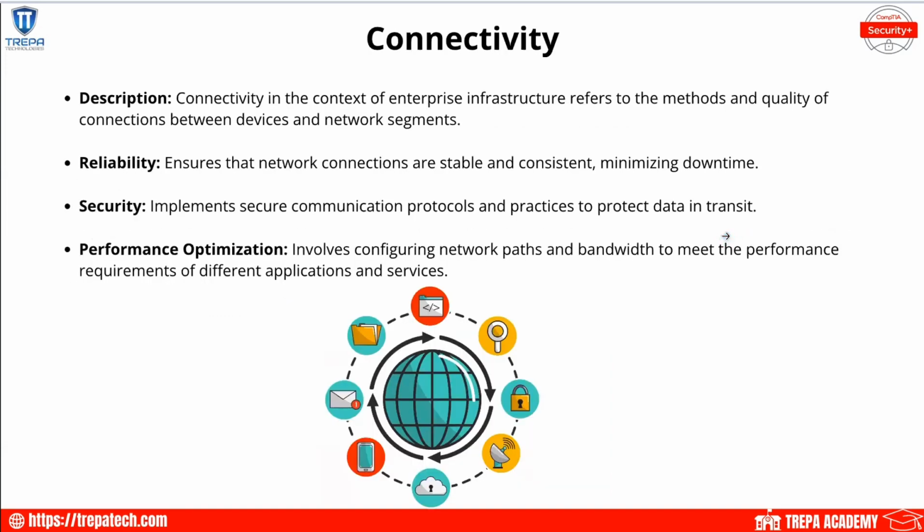Connectivity. So connectivity in the context of enterprise infrastructure refers to the methods and quality of connections between devices and network segments. So as a cybersecurity engineer, we've got to think about the different ways users that are on-prem or remote are connecting to our enterprise resources and accessing their data and our enterprise's data. Is it secure? We've got to think about our wired versus wireless networks here. If the remote users, do we have a VPN?